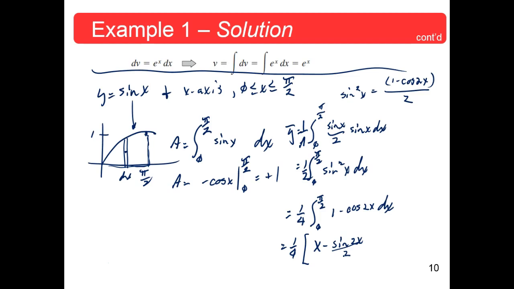It's sort of the anti-chain rule thing when you're integrating. And that will be evaluated from 0 to pi halves. So it would be 1/4 times pi halves minus. Now, we're plugging in the pi halves for the x here. So 2 times pi halves is pi. And what's sine of pi?